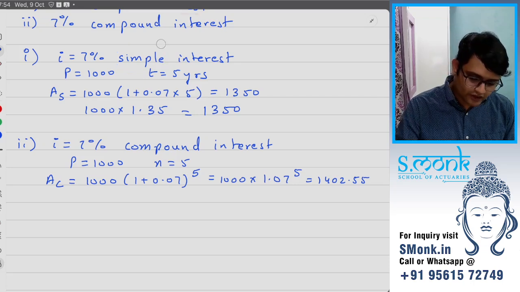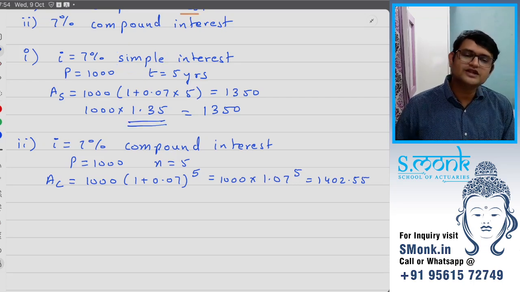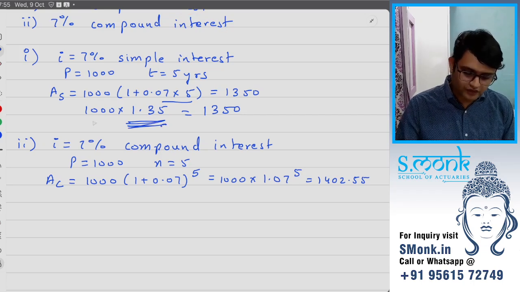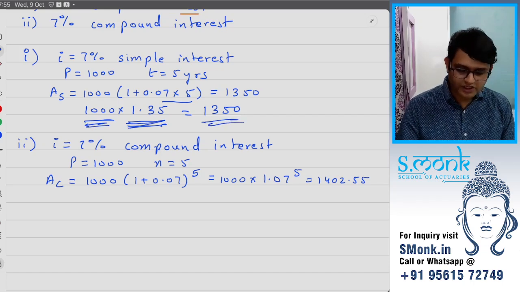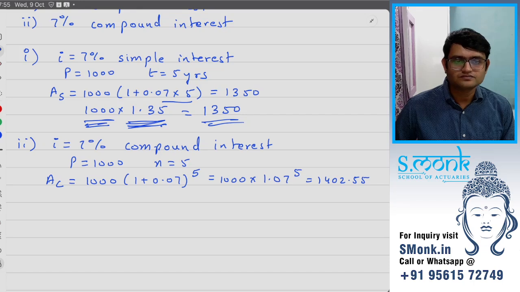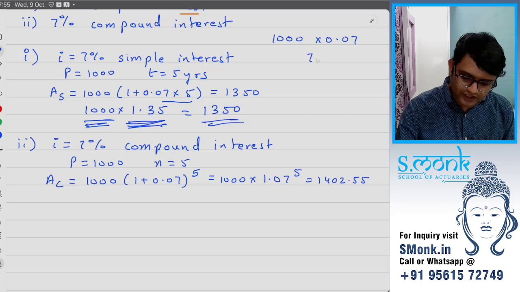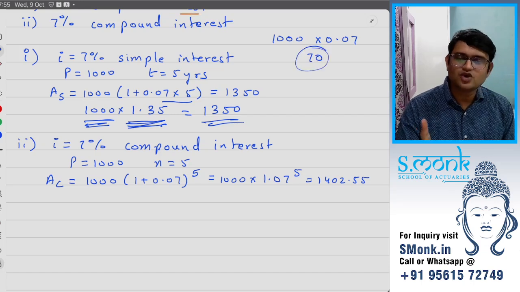Like here, to calculate the simple interest, we did not really need a calculator. We knew 7 into 5 is 35. So this would be 1.35 into 1000. I got 1350. Or you could have said, on 1000 rupees, 7% interest is going to be 70 rupees. 70 rupees is the interest on 1000 rupees per year.